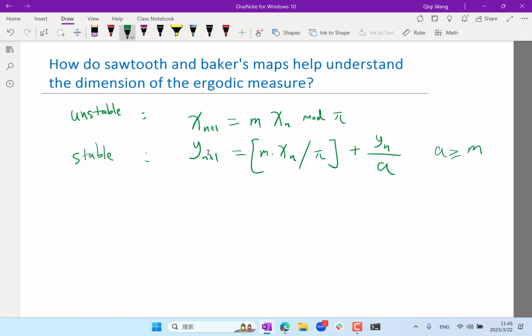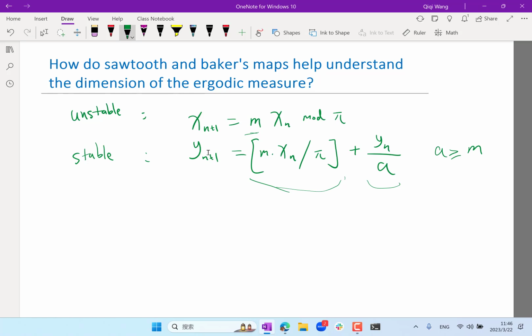So let's think about what this does. If I make it m, instead of the y dimension being restricted from 0 to 2, it'll be restricted over a bigger space, between 0 and m. Because if a is greater than or equal to m, and y_n is less than m, then y_n over a is going to be less than 1, and the integer part is going to be less than m minus 1.